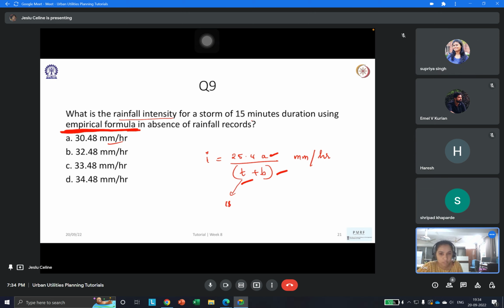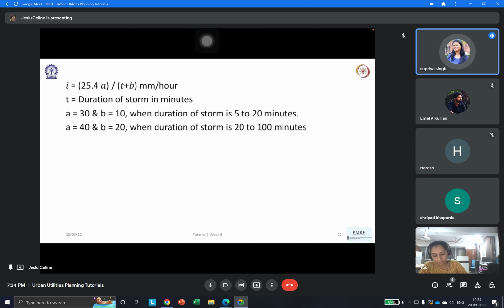What is B? T is the time duration of the rainfall, and A and B are just constants taken for 5 to 20 minutes duration, and for 20 to 100 minutes it is taken 40 and 20.